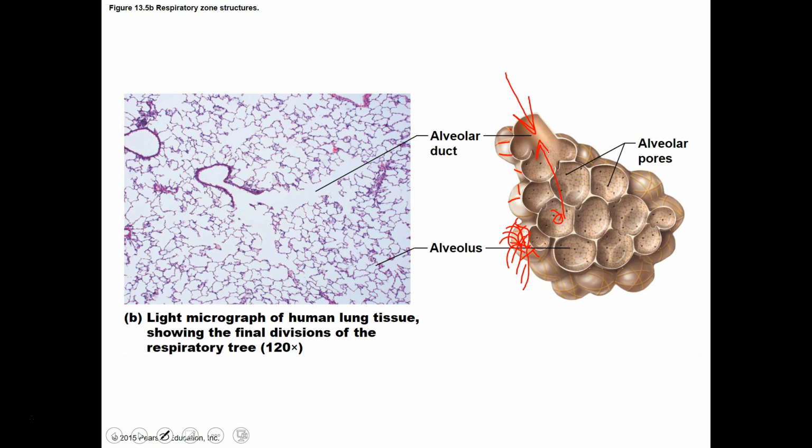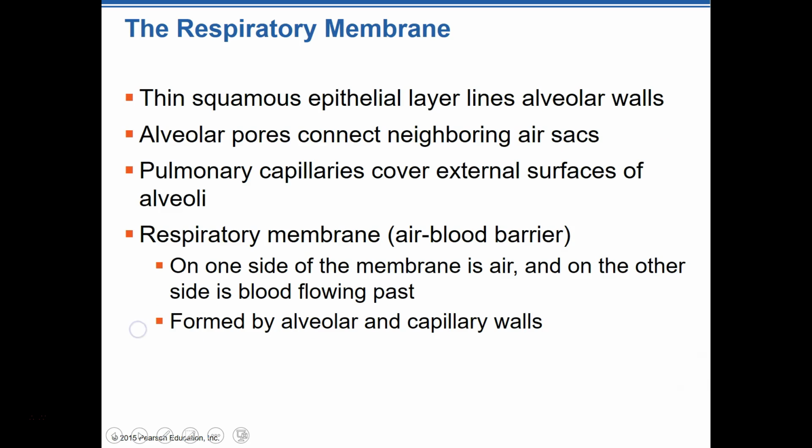Okay? It's a little more complicated than that. We're going to talk about it a little bit more, but without getting way too far ahead. So that respiratory membrane, what we're talking about with the respiratory membrane is the alveoli, or alveolar walls. It is very thin, squamous epithelial layers that line those walls.